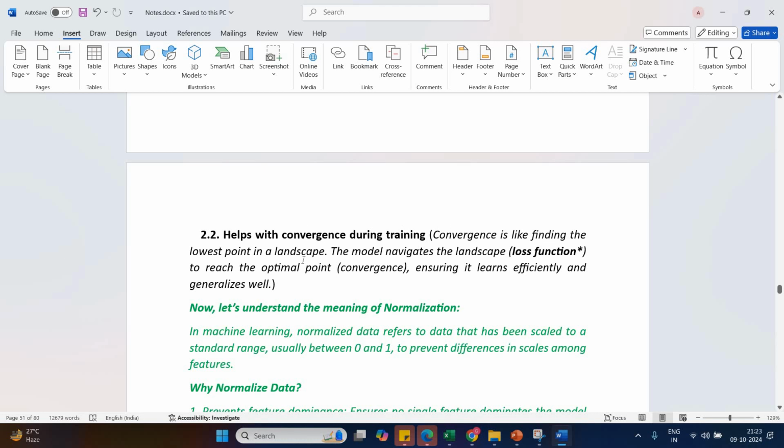Convergence is like finding the lowest point in the landscape. This line is nothing but finding the best set of training data so that we can prepare a model which will predict better.